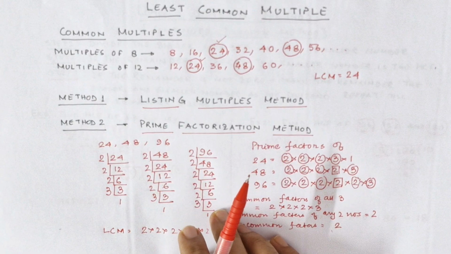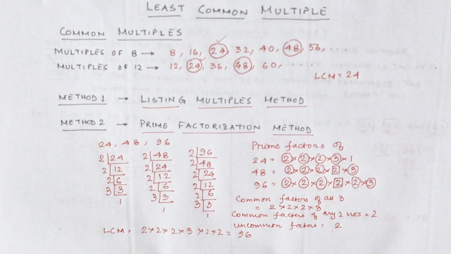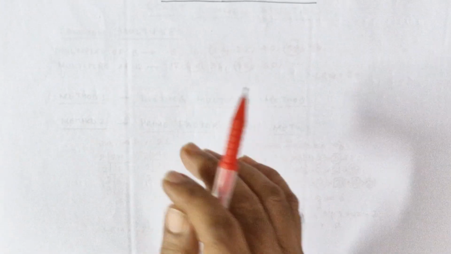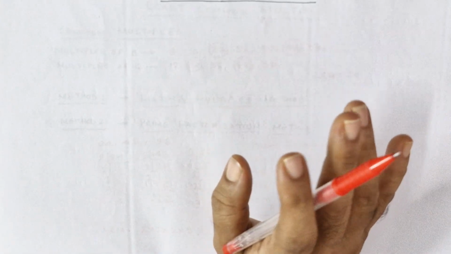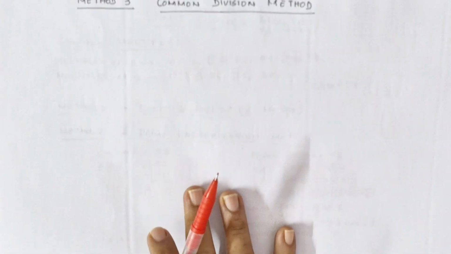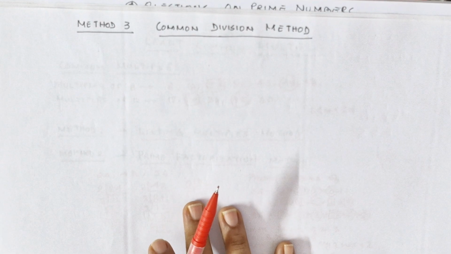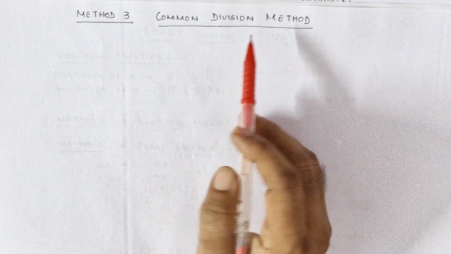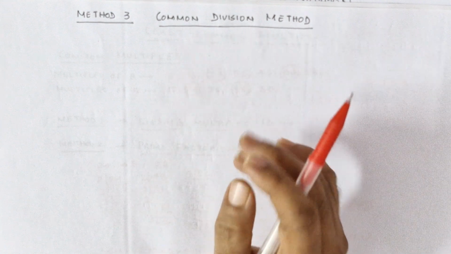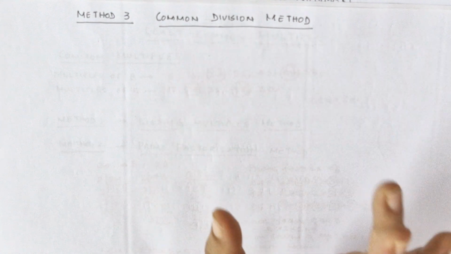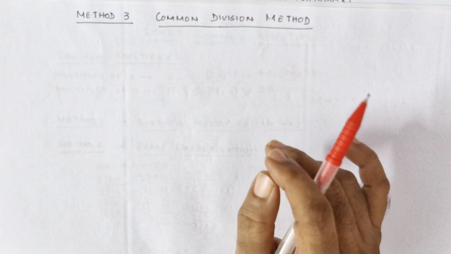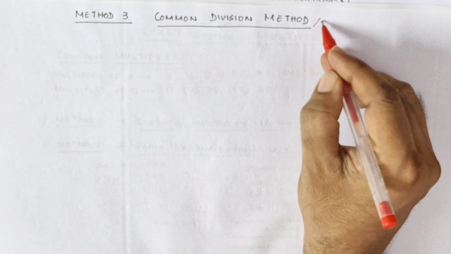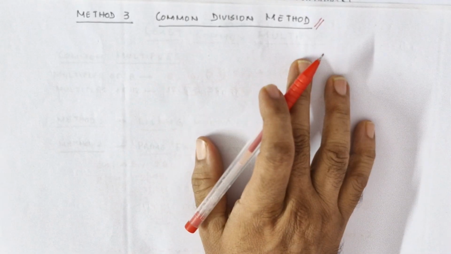Okay, so let's move to method 3. By default, if somebody gives you a question to find the LCM without any mention of which method to use, and you have the liberty of choosing, choose this method, that is the common division method, right?